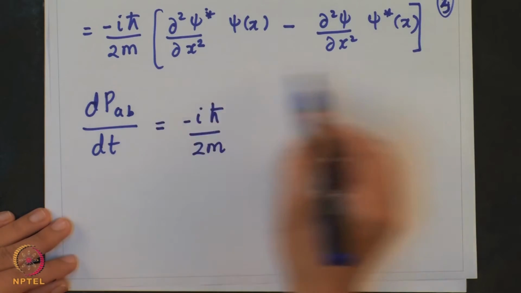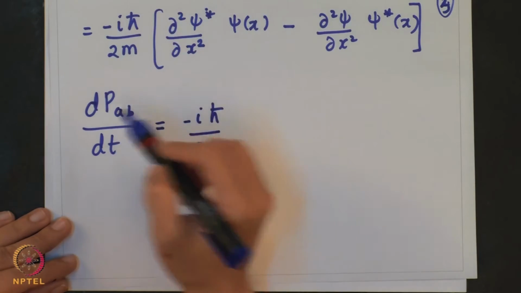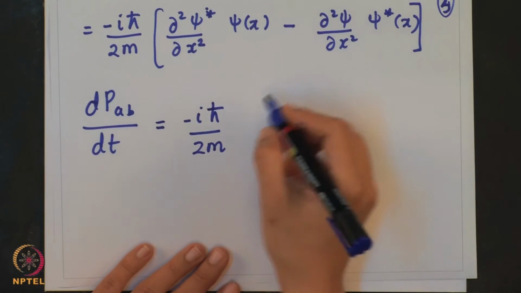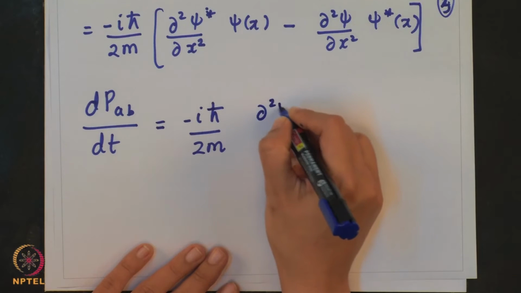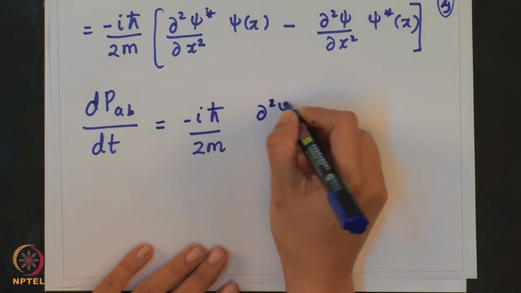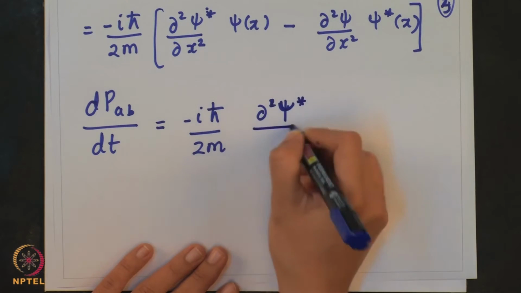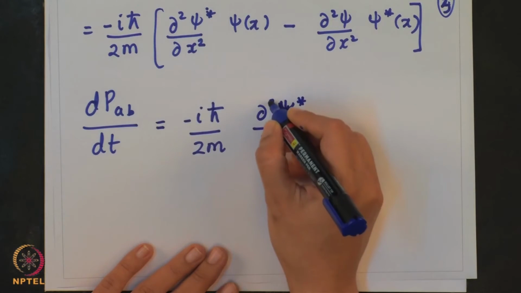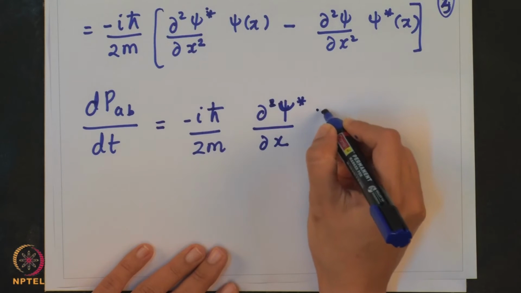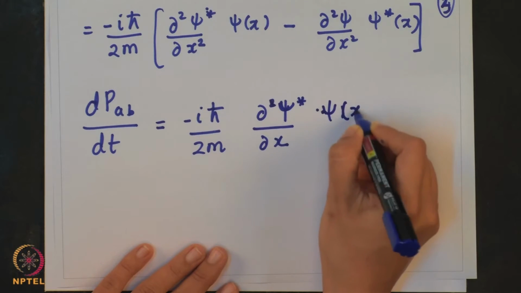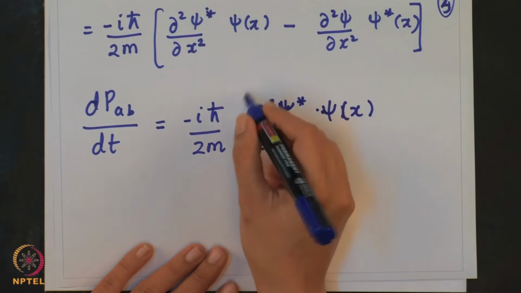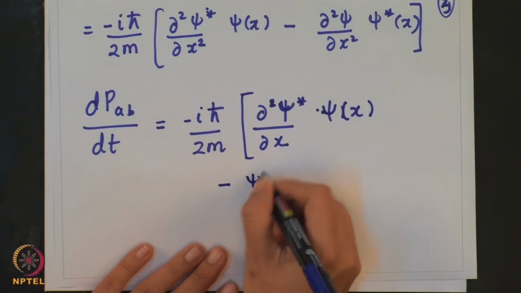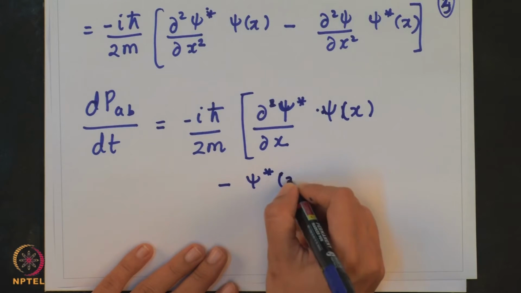simply this expression, there is an integral dx. So, when you do integration by parts, what you obtain is d psi star by dx. Okay. When I am doing integration by parts, I will obtain d psi of x, minus psi star of x.